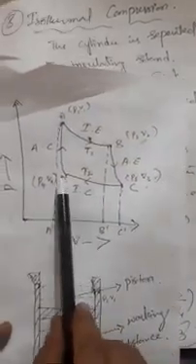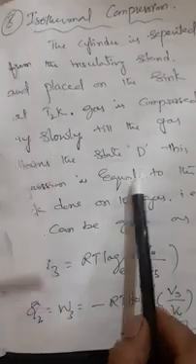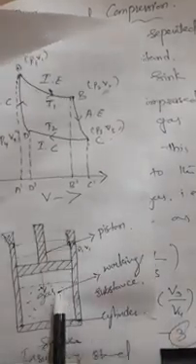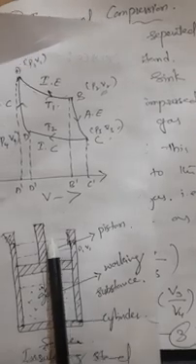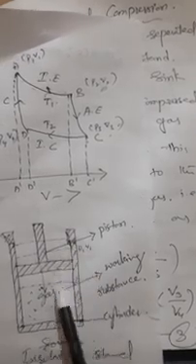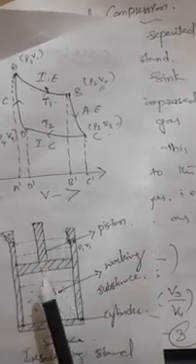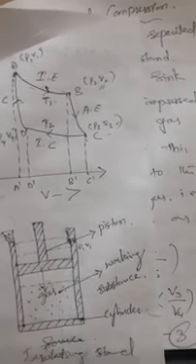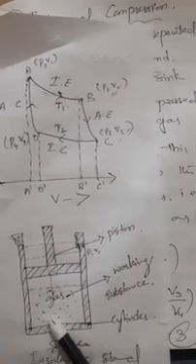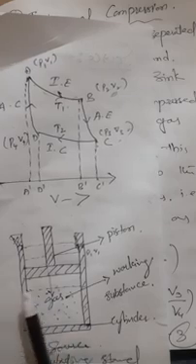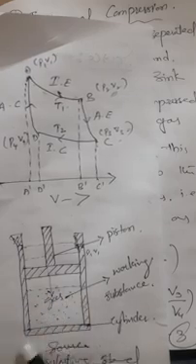At this position, when you move the piston downward, work is done on the gas. So the third work done is the work done on the gas. Initially the first two positions, isothermal expansion and adiabatic expansion, were work done by the gas.